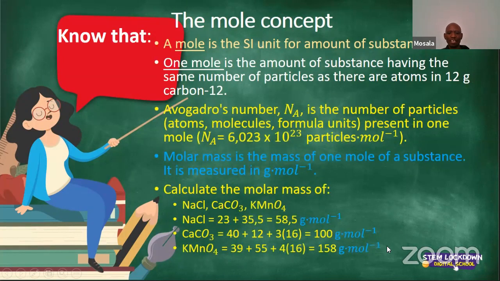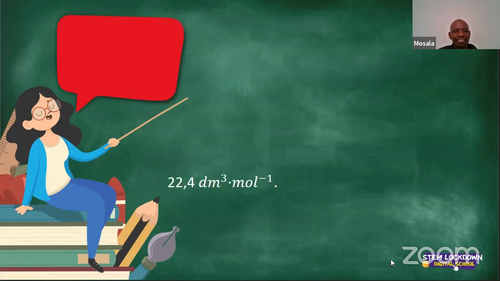The same can be done with potassium permanganate. If you calculate it properly, it will give you 158 grams per mole. You are using the same procedure as the other two. You will be expected to calculate the molar mass of different substances as we continue with this section.